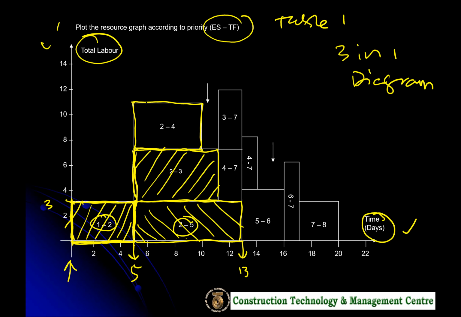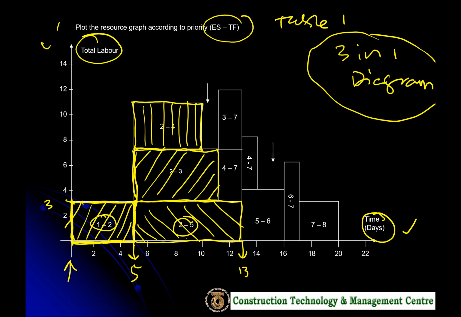This is the block that indicates 2.4. This is how you draw what we call the resource diagram, the 3-in-1 resource diagram. In Microsoft, it will not draw something like this. It will draw straightforward. We will show you in the next slide.